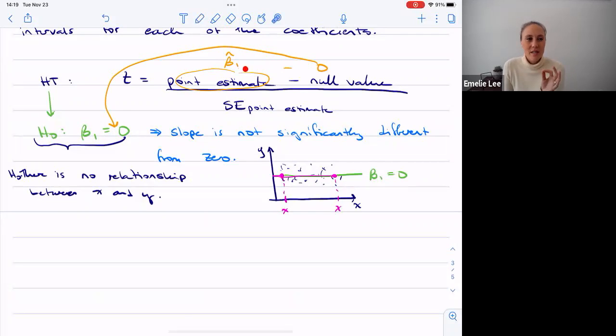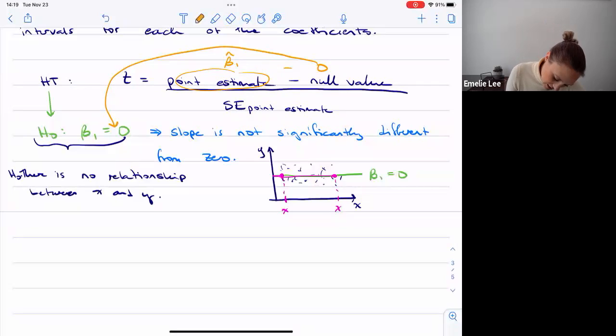How far is my coefficient, my estimate, from 0? If it's significantly far enough from 0, taking into account the spread of the estimate, then I can conclude that there must be some relationship here. And this standard error of the point estimate is the standard error of beta 1 hat.